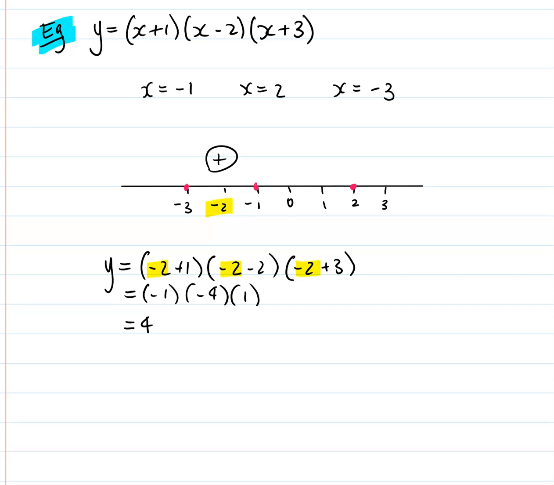I'm going to use a different value now to find which side of the x-axis the line will sit in a different part of the graph. So I'm going to use 1 as my value for x and do exactly the same thing as I just did.